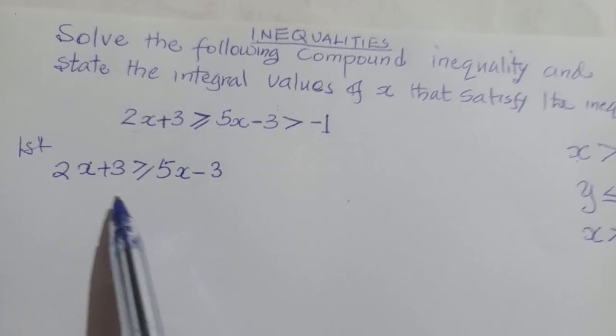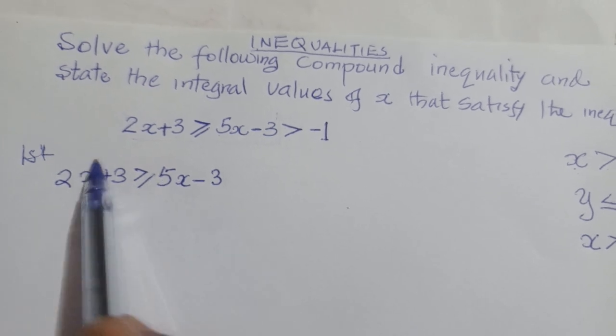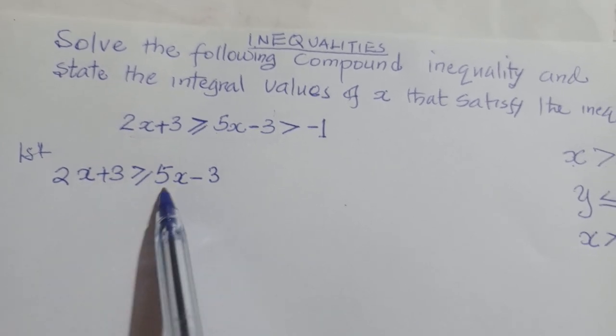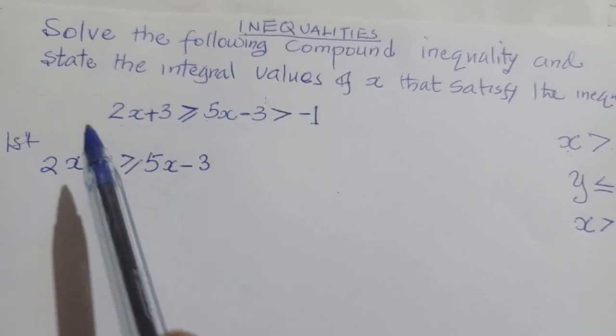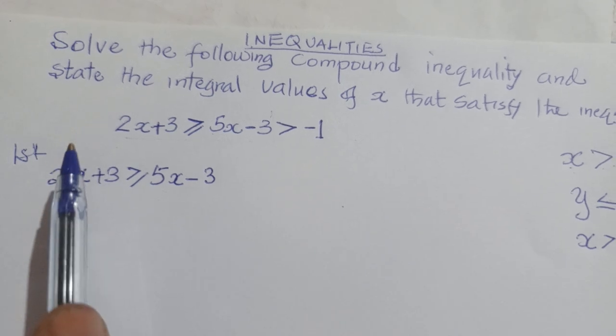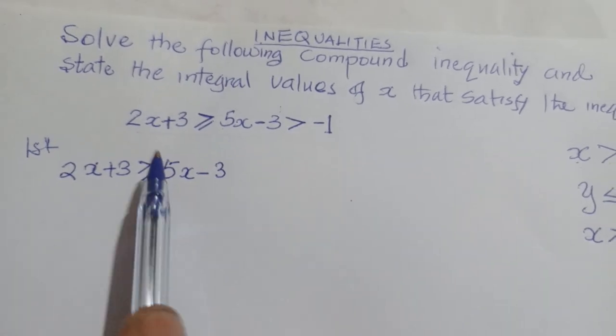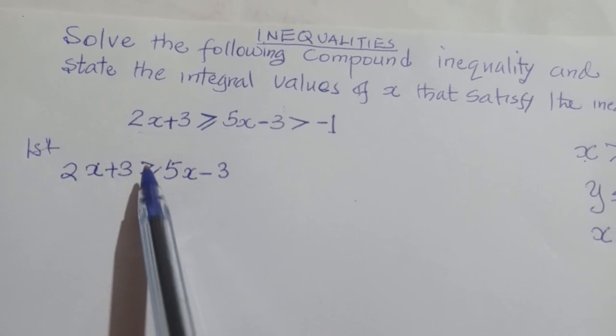In other words, we'll collect like terms, and whenever a term is taken from one side to the other, its sign changes. In other words, its negativity or positivity changes as soon as it crosses the side. So let's begin. You can do it whichever way you deem fit.